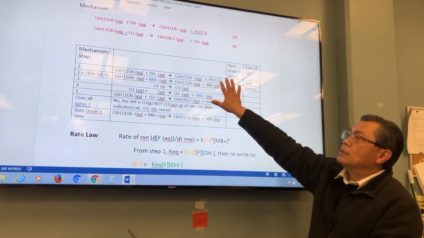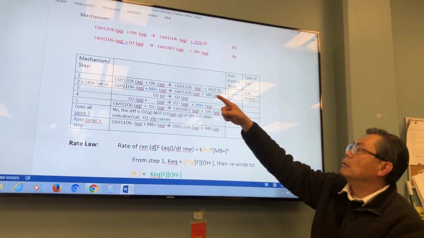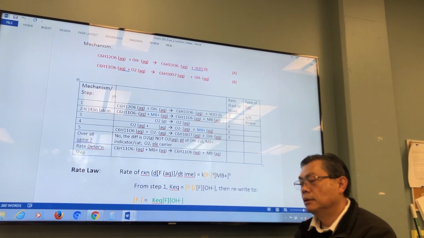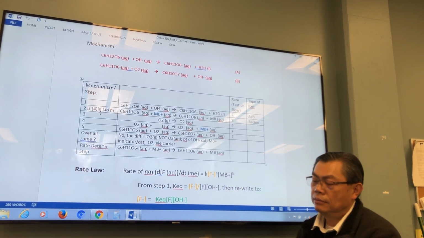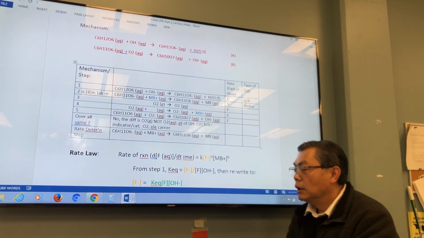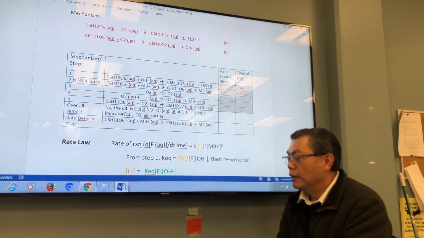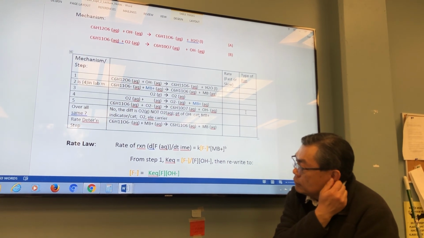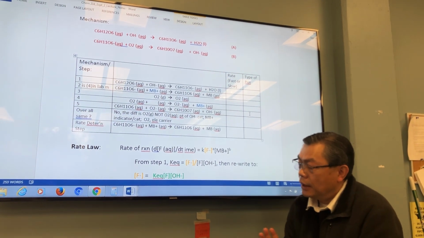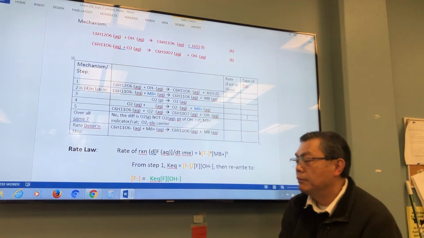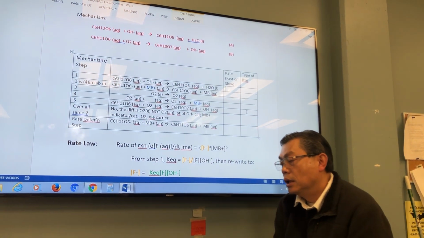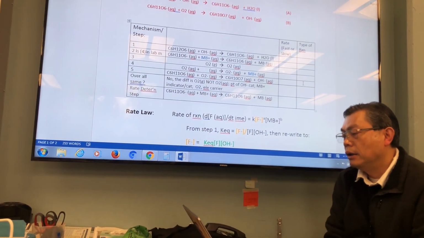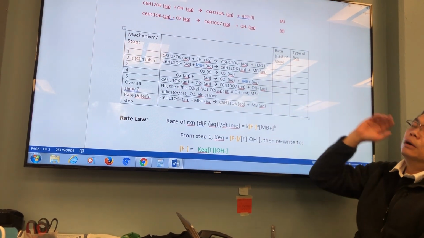Of course, again, this is from the lab manual, although I renumbered them. Let's talk about them one by one. First reaction: same thing, just like step A, hydroxide reacts with the fructose and forms your anion, and then your water.